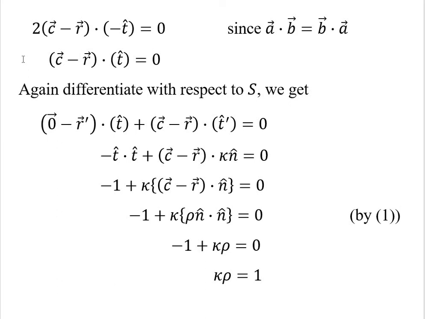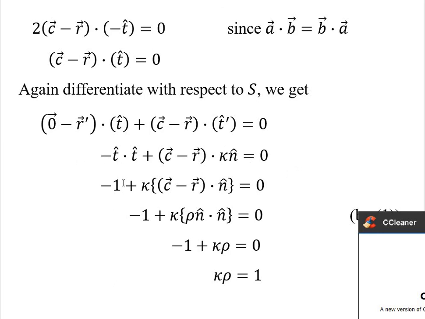Again we differentiate the above equation with respect to s. We get minus T vector dot T vector plus (C minus R) dot T dash equal to 0.